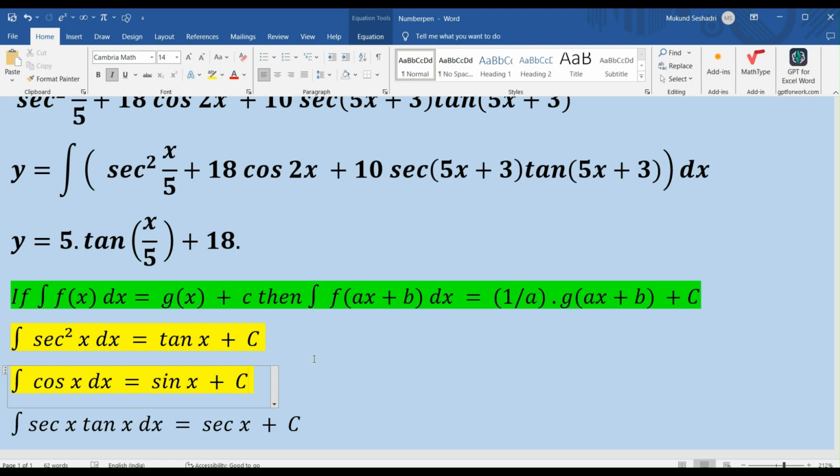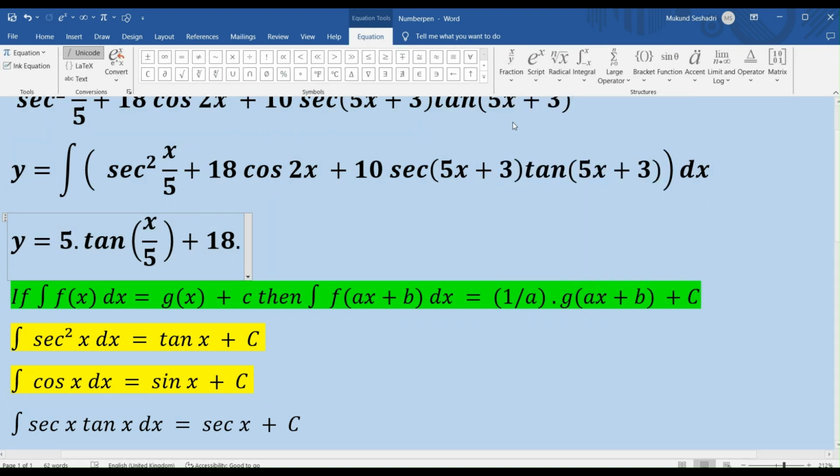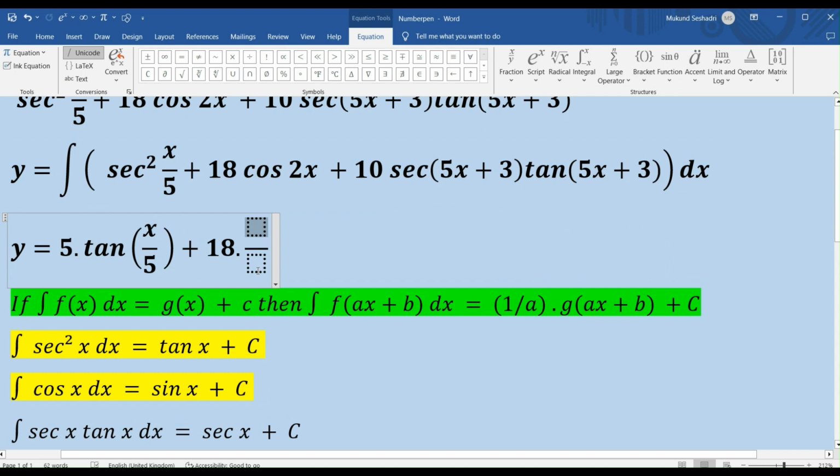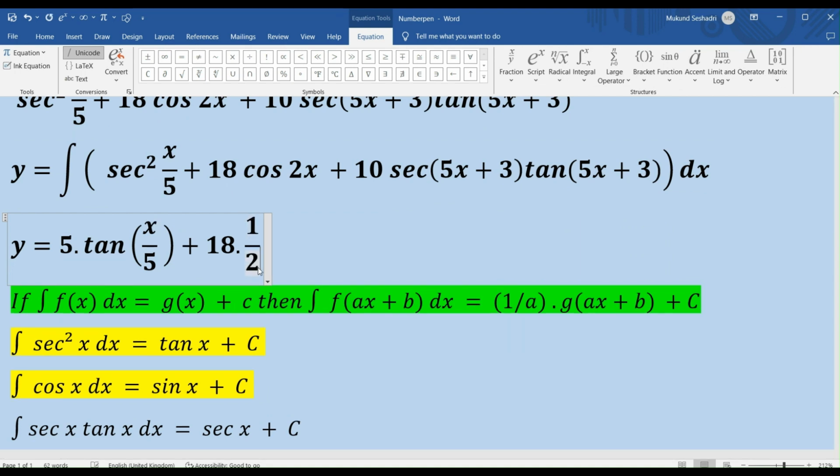If I equate it to ax plus b, my a equals 2, b equals 0, which is nothing but equal to 1 by a times g of ax plus b plus c. My a is 2, which means I write 1 by a as 1 by 2. And then I have my g of ax plus b, which is nothing but sine of 2x, right? This is my second part.